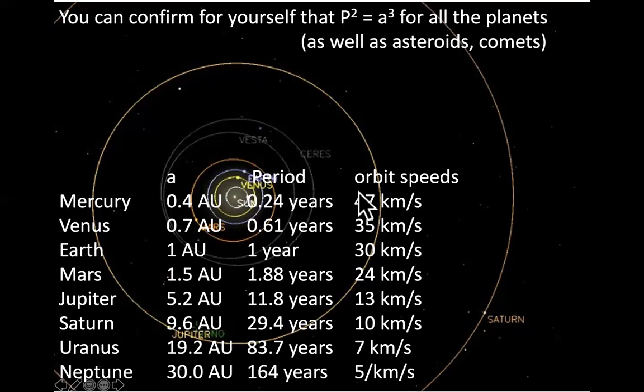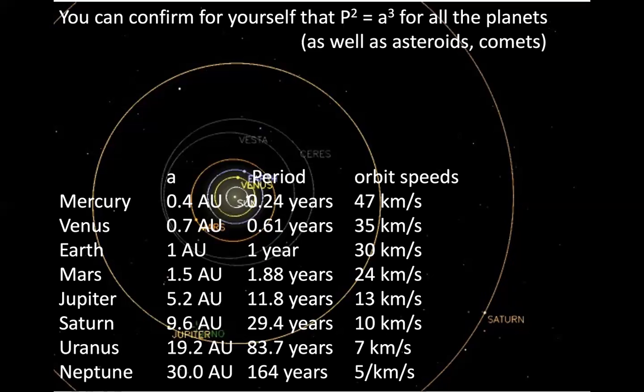Objects close to the sun, like Mercury, are traveling very fast, 47 kilometers per second. Earth is traveling at 30 kilometers per second, which is still pretty fast. Neptune is going at 5 kilometers a second. The further you are from the sun, the slower you move.